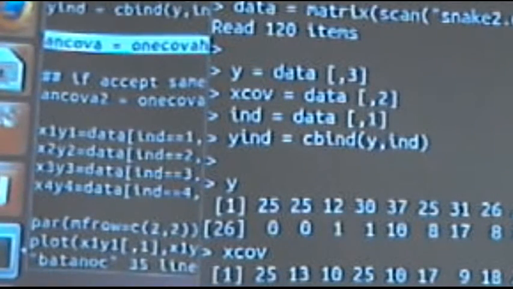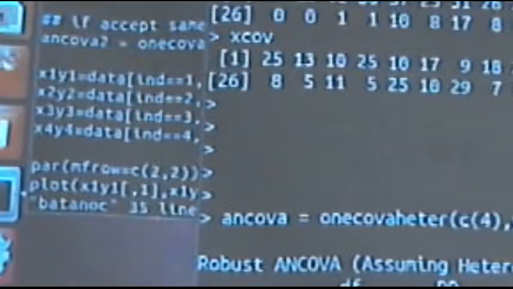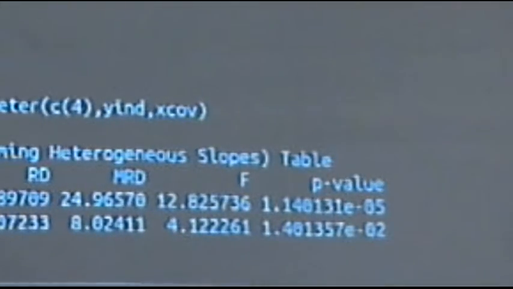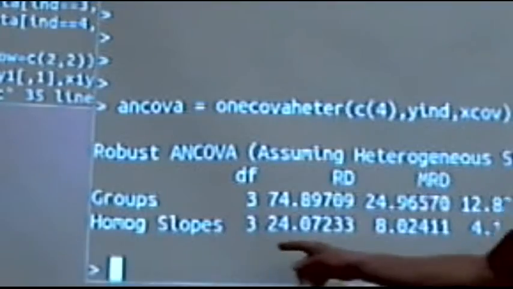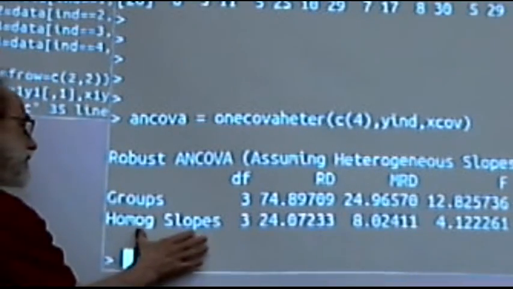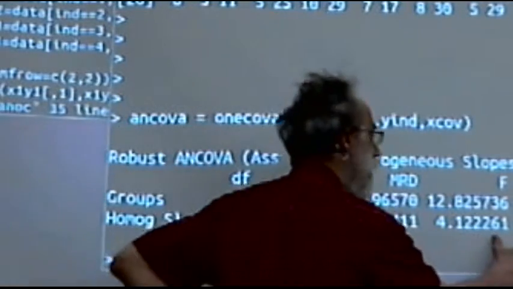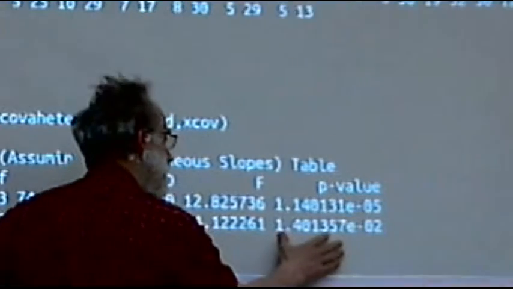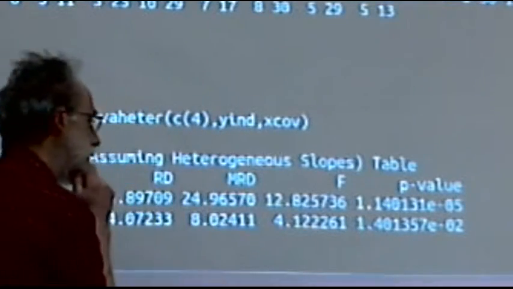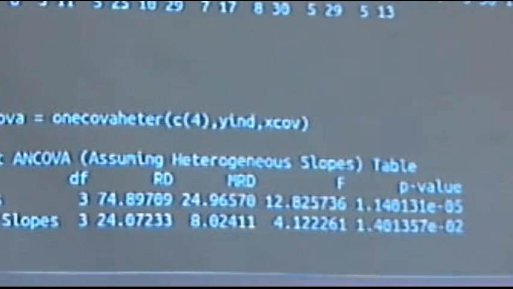Just rewrite that. It just says you're testing for homogeneous slopes. This is H naught, homogeneous slopes, and the answer is no. The p-value is 0.001. So you reject H naught and you have heteroscedastic slopes.